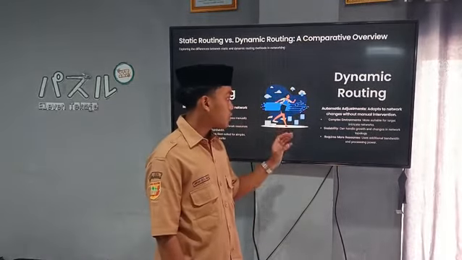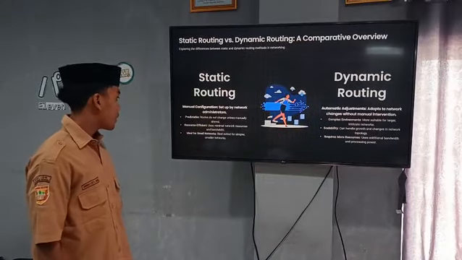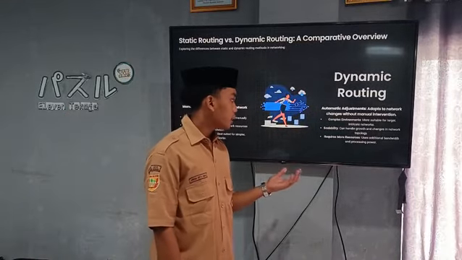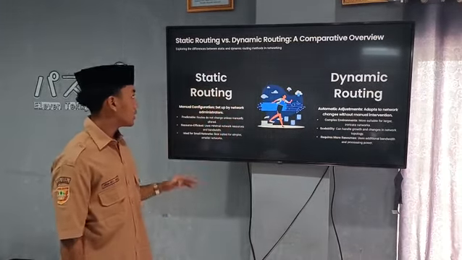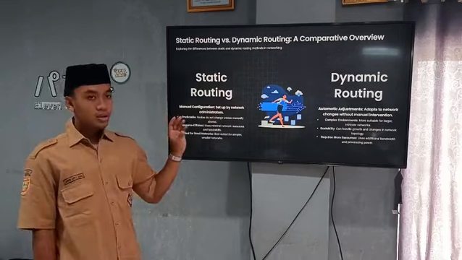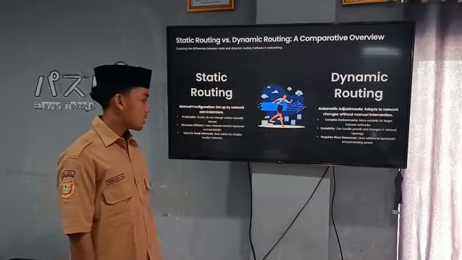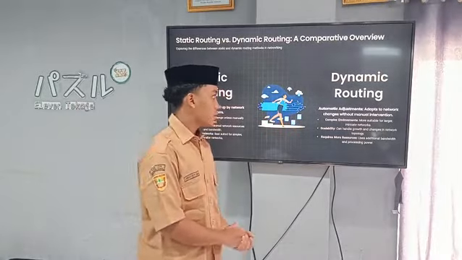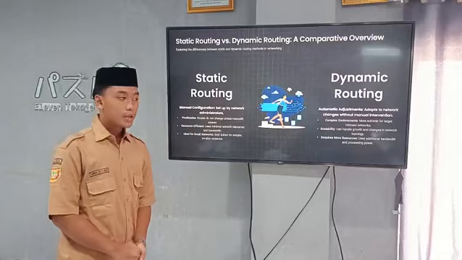So it requires more resources, bandwidth, and processing power. But for scalability, a dynamic route can handle growth and change in network topology, while a static route cannot. A static route is ideal for small networks, like I've been saying before. A dynamic route is ideal for big networks.